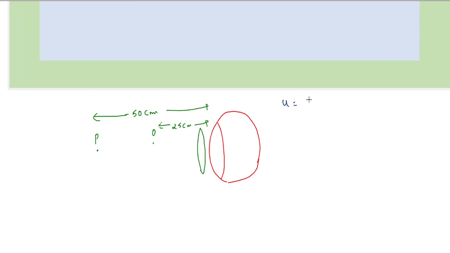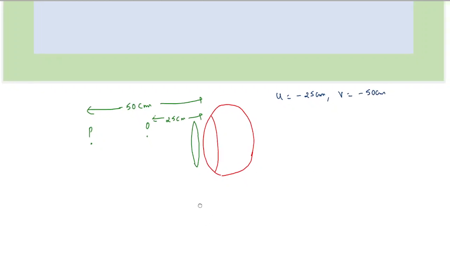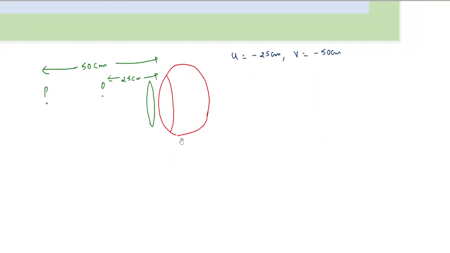So here u is equal to minus 25 centimeter and v is equal to minus 50 centimeter, because the corrective lens, that is this convex lens, forms image at the point P. By using lens equation, 1 by f is equal to 1 by v minus 1 by u, that is equal to minus 1 by 50 plus 1 by 25, that is equal to (minus 25 plus 50) by (25 into 50) is equal to 25 by (25 into 50).